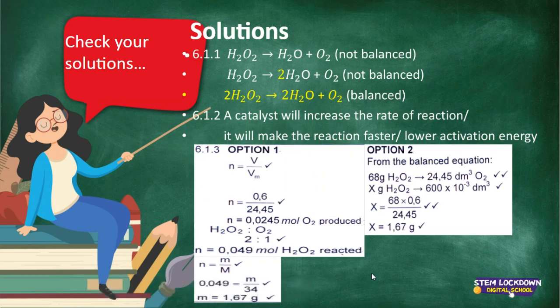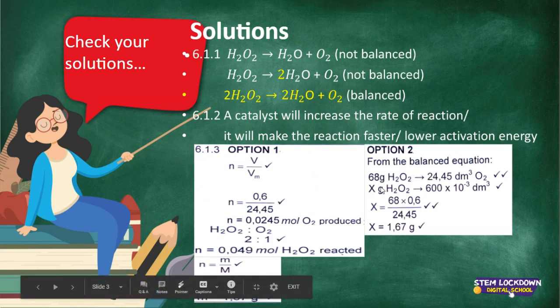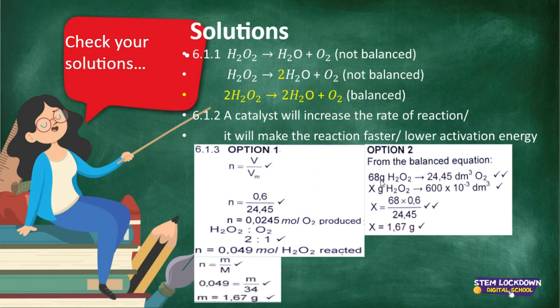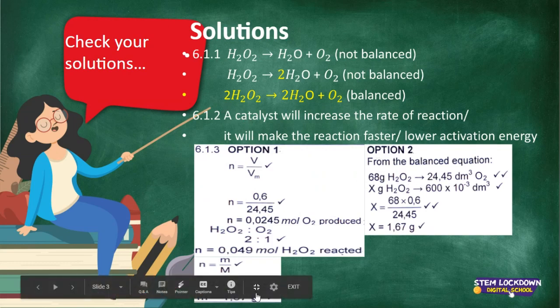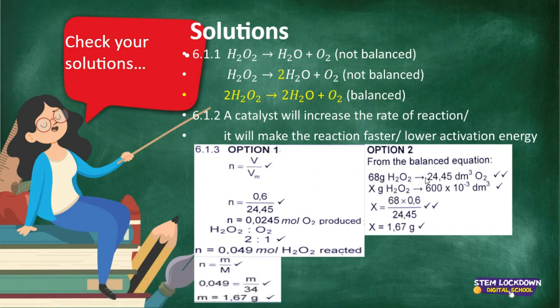Option 2 is to say 68 grams, because you know that you'll be having two of these. You have 2 moles of hydrogen peroxide, so it will be 34 times 2, so 68 grams will produce 24.45 volume of oxygen.